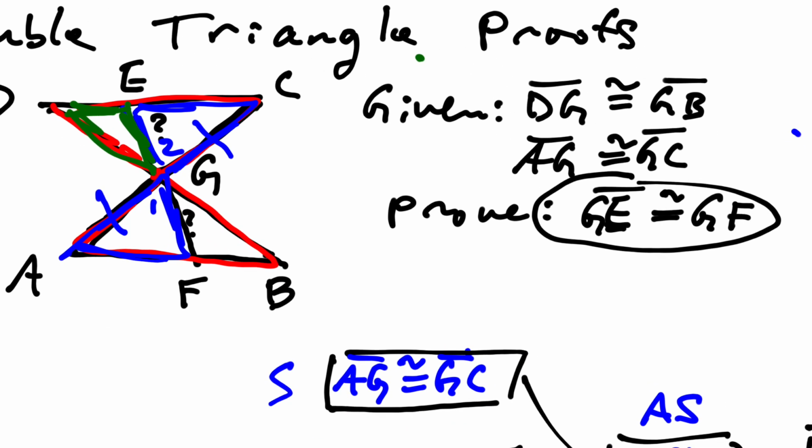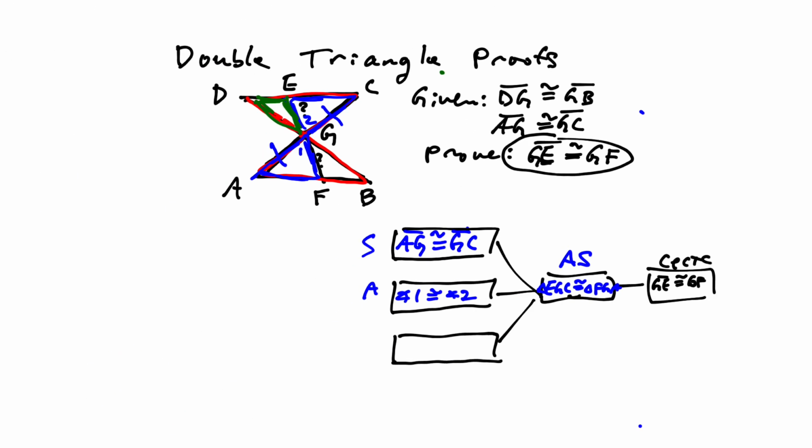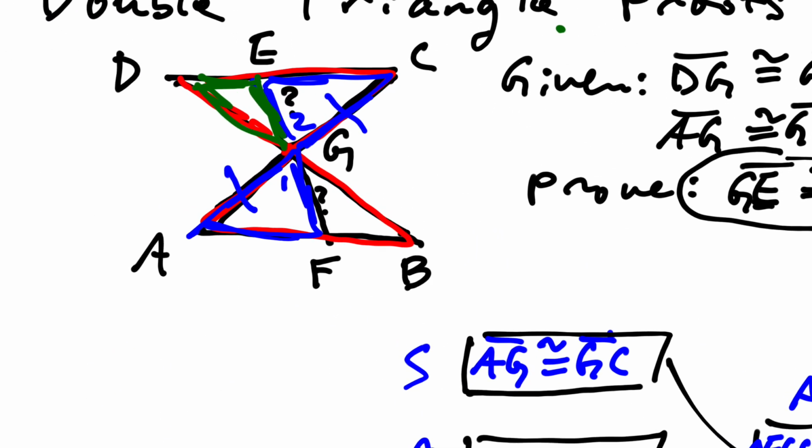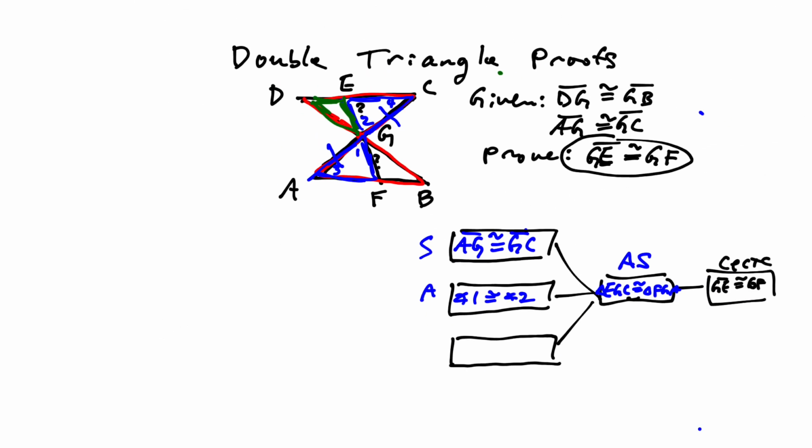Those are actually the things that I'm being asked to prove anyway. So all our attention now focuses on this angle here. I'm going to call these two angles 3 and 4. I'm hoping I could prove angle 3 congruent to angle 4. If I can, this whole thing will work out.